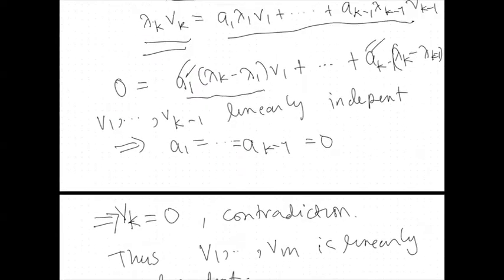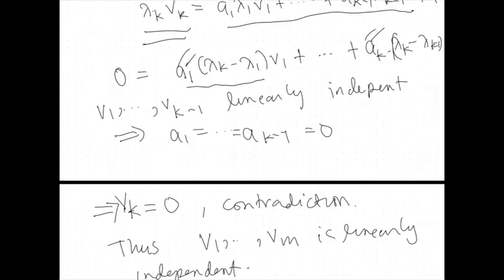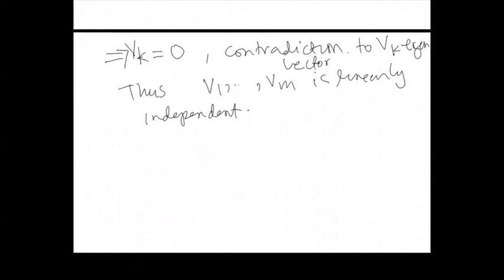Therefore vk is also 0, which is a contradiction to our hypothesis that vk is an eigenvector. You can redo that proof and make sense of it if you want.